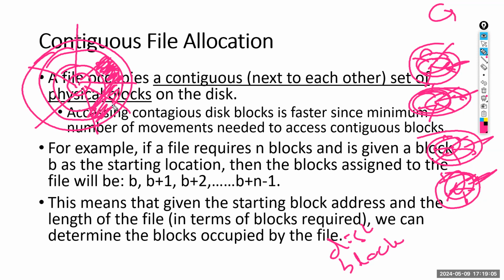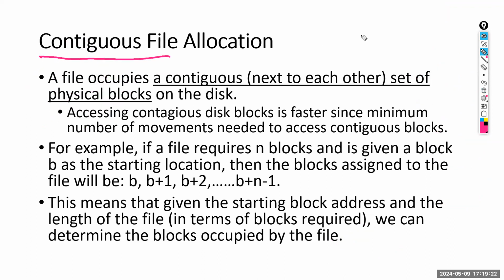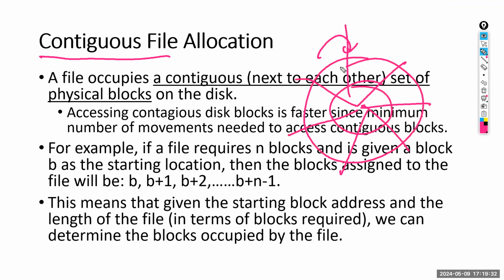So what is meant by contiguous file allocation? How is storage allocated to files? One strategy is called contiguous allocation. Contiguous allocation means that when you want to save or persist a file, it allocates contiguous or consecutive blocks. Usually these contiguous blocks are in parallel, so don't think that this is the contiguous of this one.